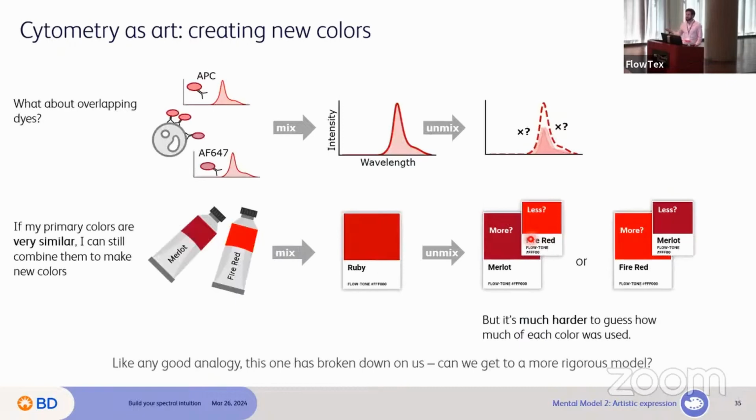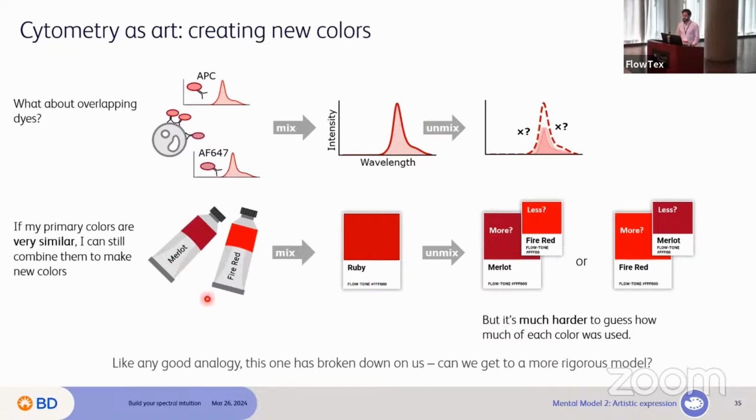We can even extend this a little bit and start thinking about, okay, intrinsically, it's harder to mentally unmix two colors if they were really similar to start with. So we know that APC and Alexa 647, this was kind of a classic example to show what spectral cytometry could do initially. If I show you a mixture of those, it's hard to tell how much of each of those dyes would have gone into the mix.